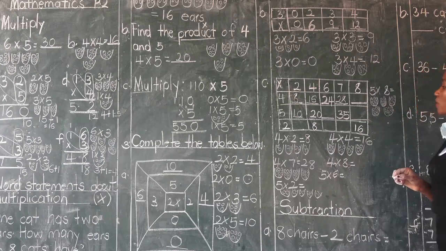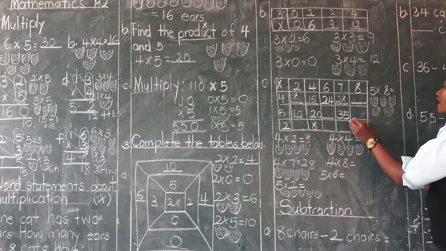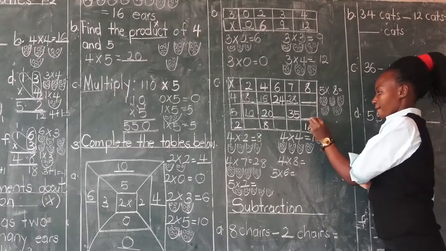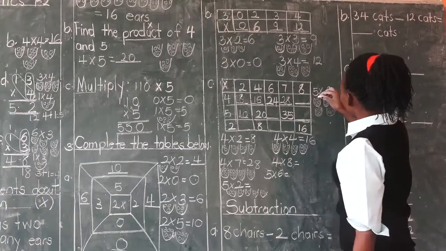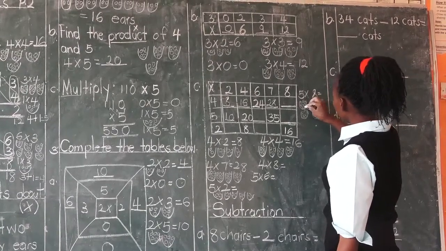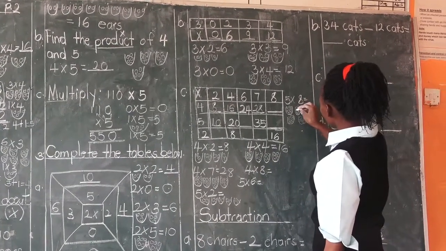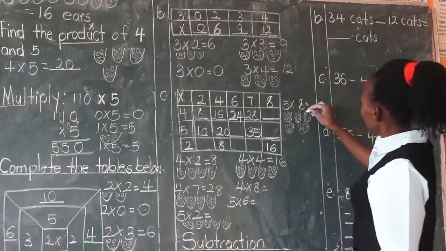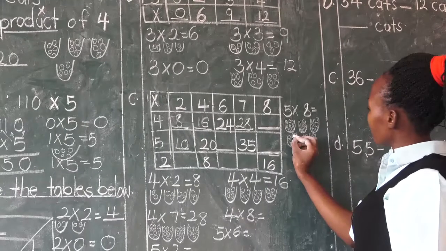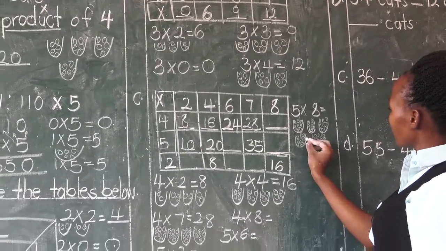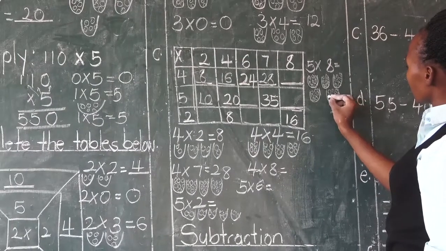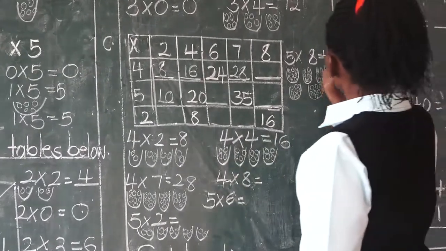Now let's put them together. What we get, that is the answer which we are going to put here. 1, 2, 3, 4, 5, 6, 7, 8, 9, 10, 11, 12, 13, 14, 15, 16, 17, 18, 19, 20, 21, 22, 23, 24, 25, 26, 27, 28, 29, 30, 31, 32, 33, 34, 35, 36, 37, 38, 39, 40.